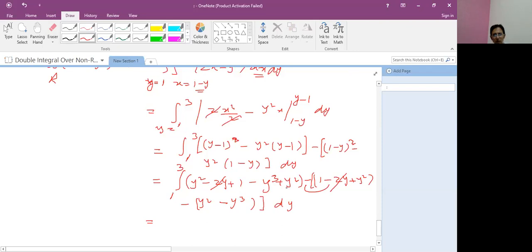So y square plus y square, it is 2y square minus y cube in the first part. Then the negative sign: plus 1 minus 1, they cancel each other because both are opposite sign, but minus y square and minus minus plus y square, minus y cube into dy.